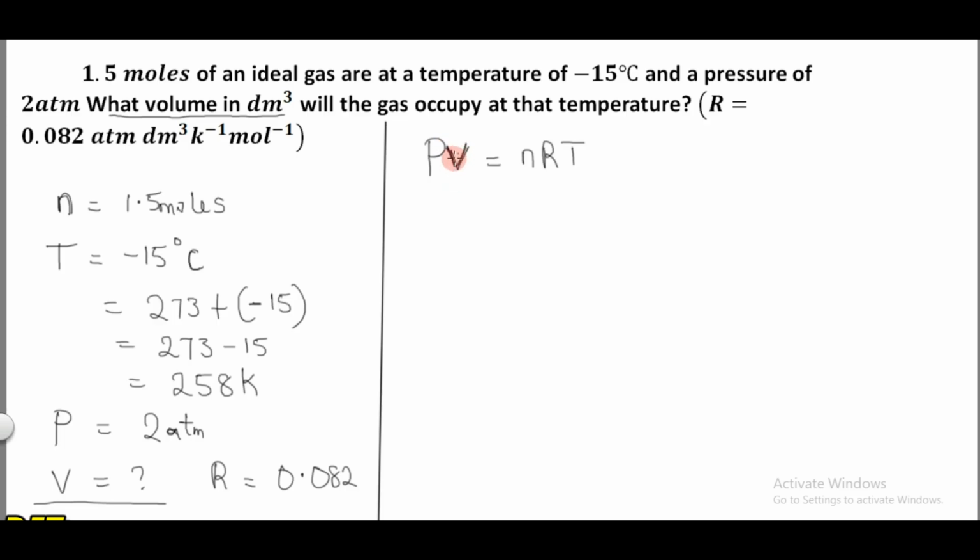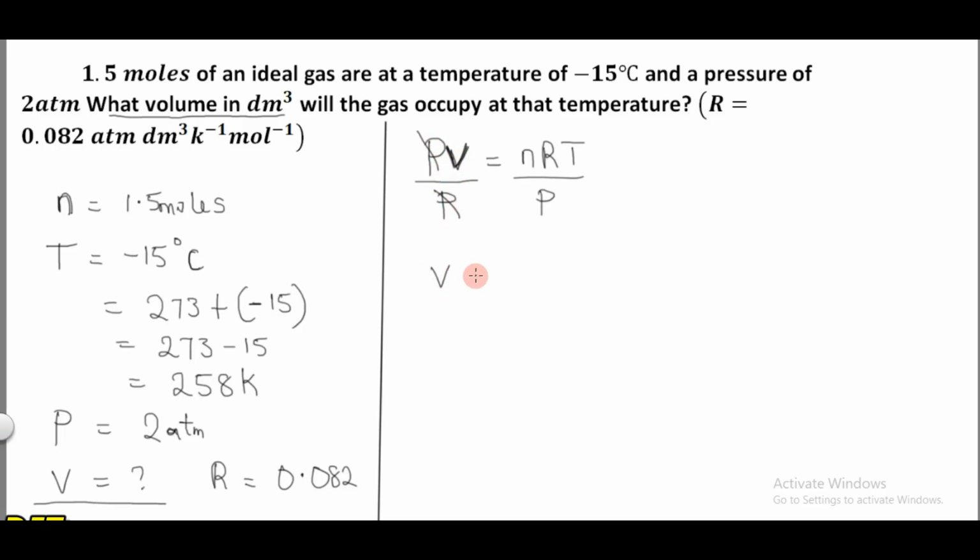To make the volume the subject of the formula, I would divide both sides of the equation by the coefficient of V, which is P. The coefficient of V is that number or letter that is attached to V, and it is P. So this will be divided by P, and this P will cancel out this P so that the V can stand alone.